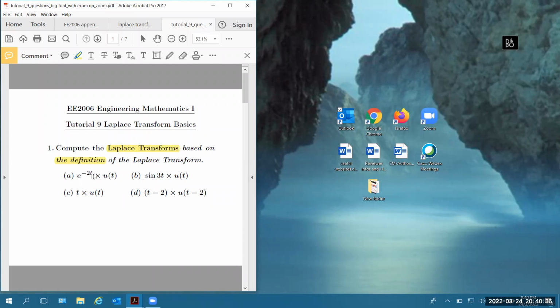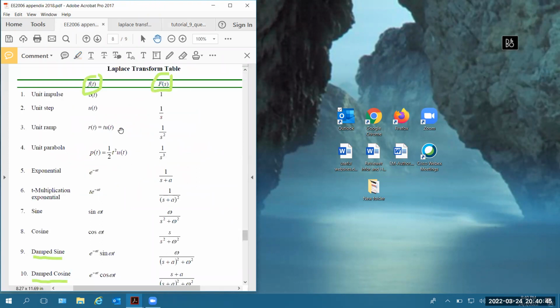Now you see all these functions of t, they all have the u(t) behind, right? Actually, I forgot to tell you that in our Laplace table, now you see your f(t) here, you notice that the f(t) they put here, other than number 2, 3, and 4, behind all these 5, 6, 7, 8, 9, 10, they don't have the u(t), right?